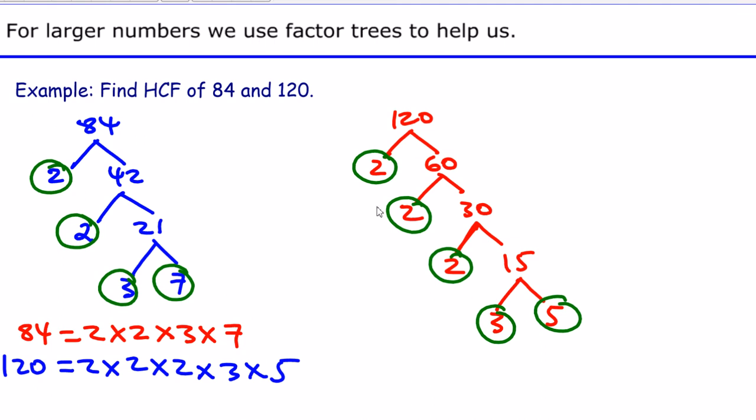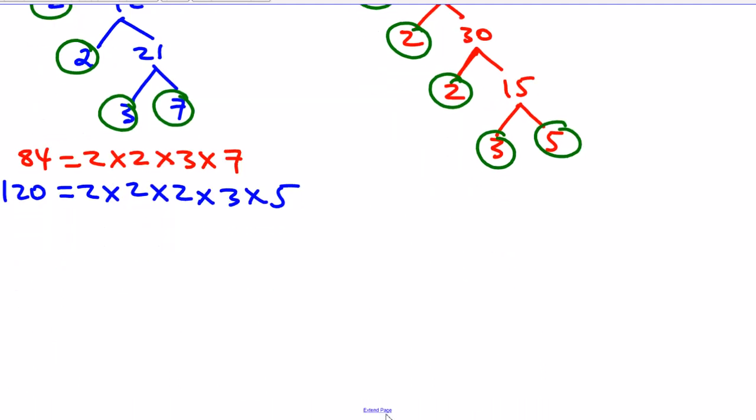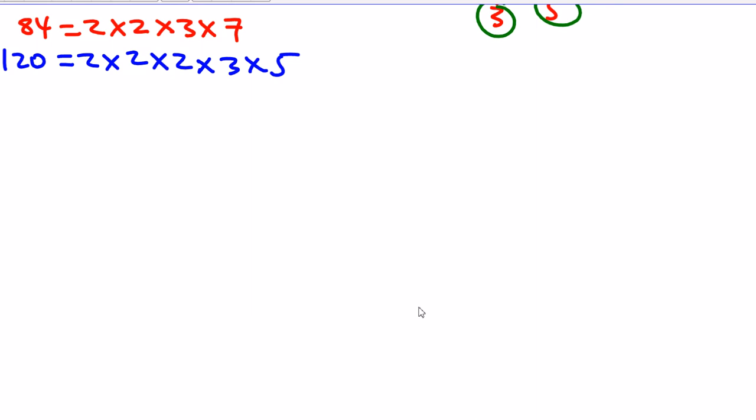Remember, our goal is to find the highest common factor. So there's an extra step that you have to do once you've found these prime factors. We shall use a Venn diagram.